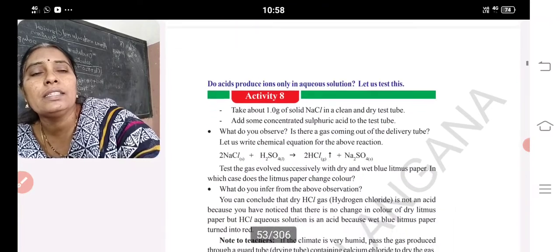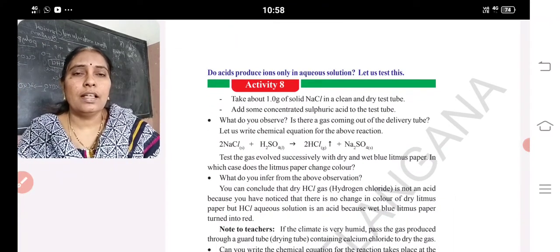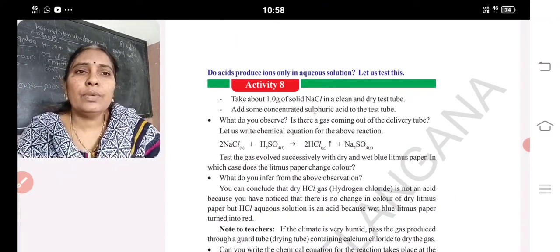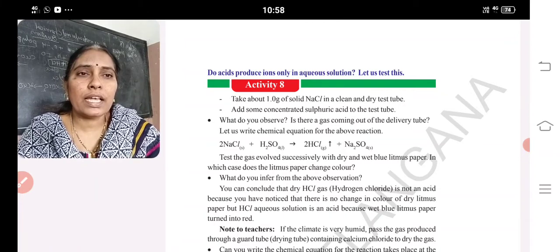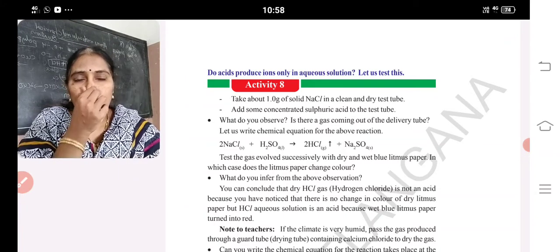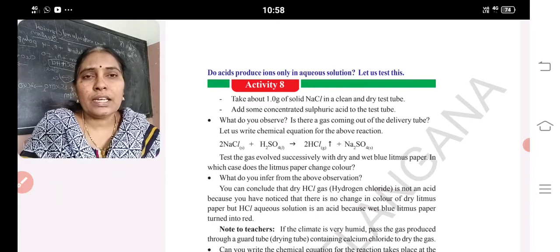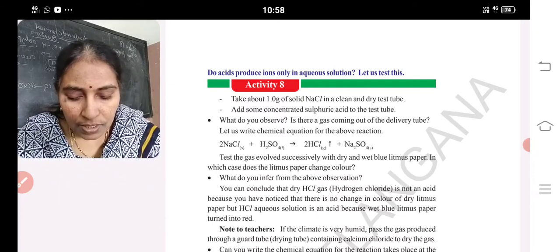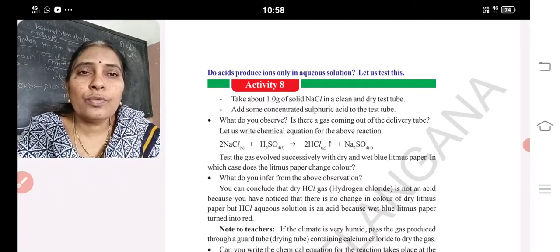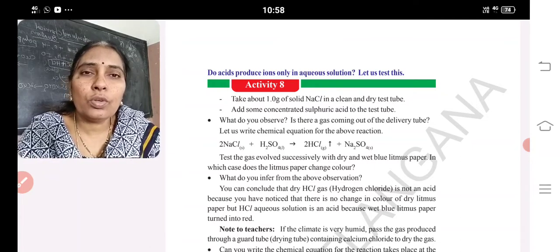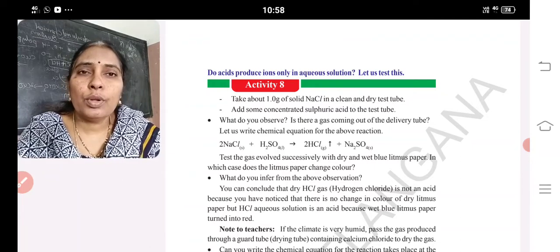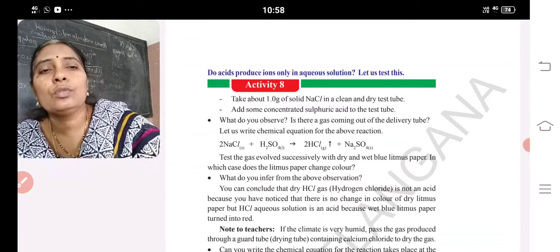Do acids produce ions only in aqueous solutions? Yes. When a dry litmus is dipped in sulfuric acid, it does not change from blue to red. But when a wet litmus is dipped in that, then it changes. So from this simple experiment, what you came to know is that acids produce ions only in aqueous solutions.